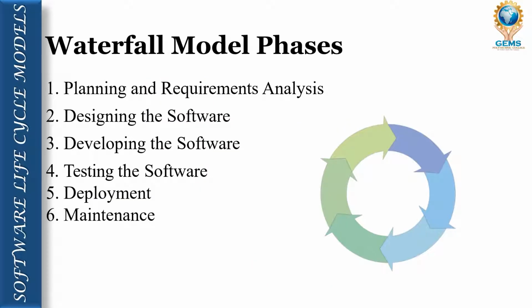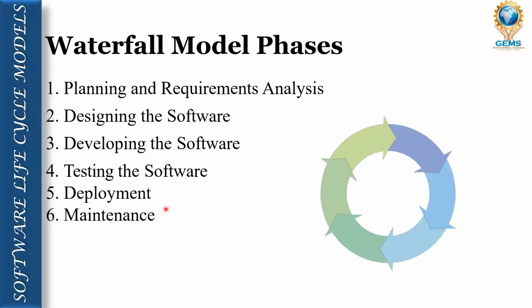Now we will see each phase here in detail. So we have 6 phases in the waterfall model. Planning and requirement analysis, the first phase. Second phase we have designing the software. Third phase we have developing the software. Then fourth, testing the software.